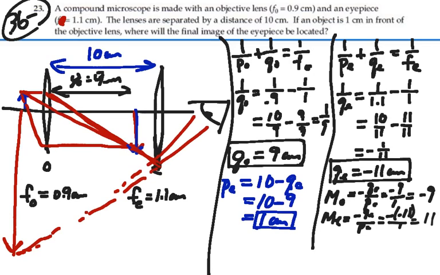So our total magnification will be the product of these two, negative 9 times 11, or negative 99. That's our purpose for this compound microscope, is to have a great magnification of a small object. And here our magnification is negative 99, which means it's inverted, but it is 99 times its original size. So we can see it well magnified. But the location of our final image is negative 11 centimeters in front of the eyepiece lens.